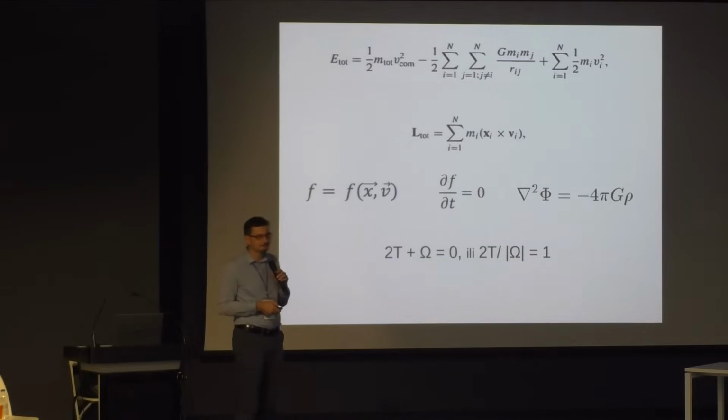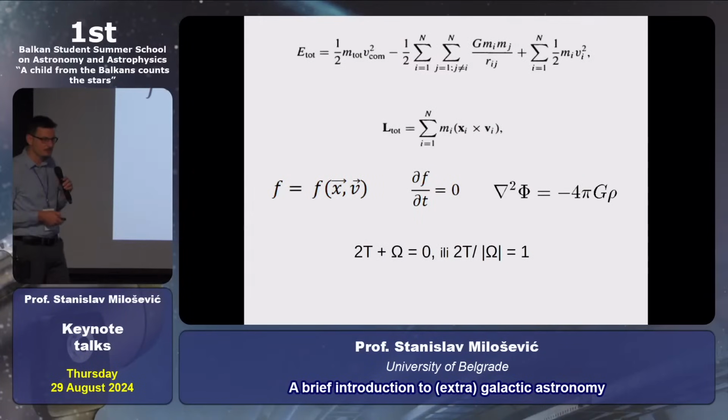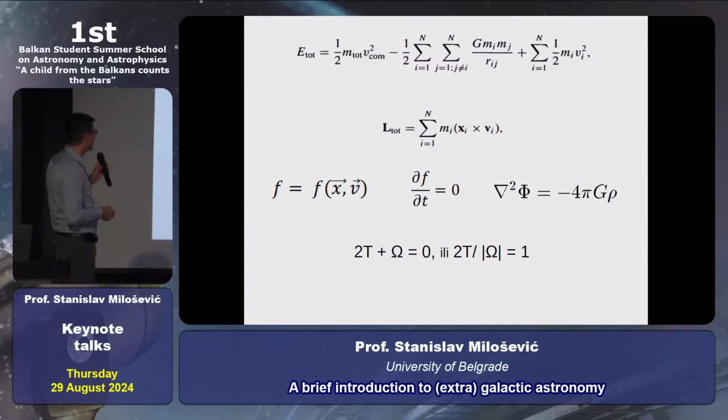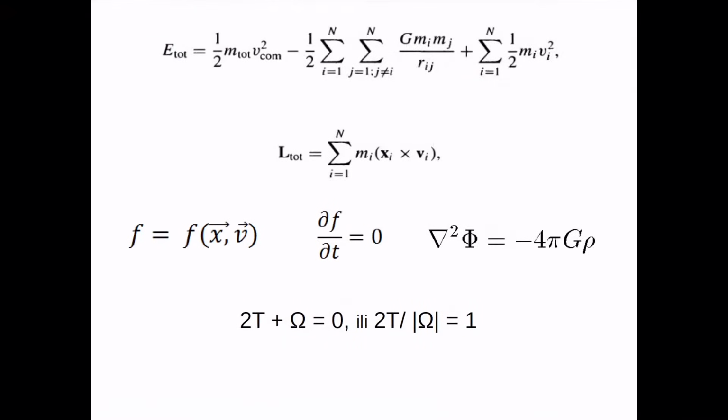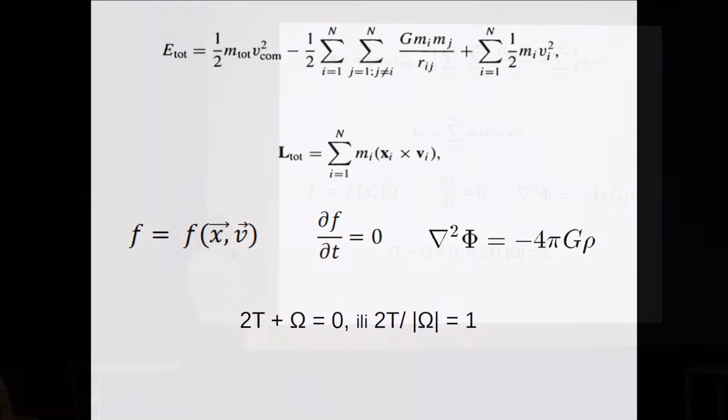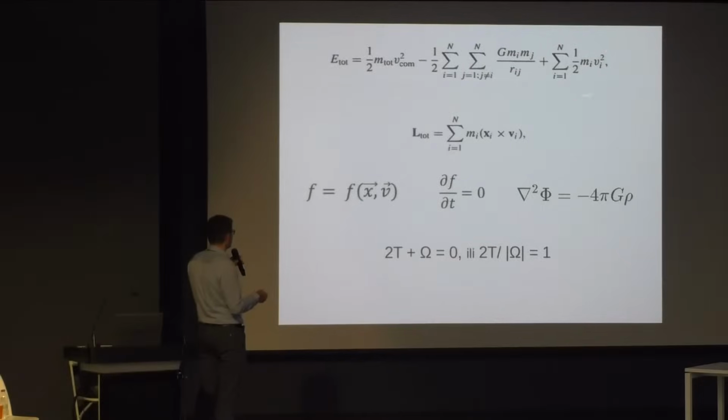When you talk about how we model these merger events and how we model galaxies, this is maybe a little bit too rough, but I think it's pretty simple. We need to obey several principles, several laws. For example, the total energy in the simulation has to be conserved, and this is the sum of the potential energy and kinetic energy of each object.